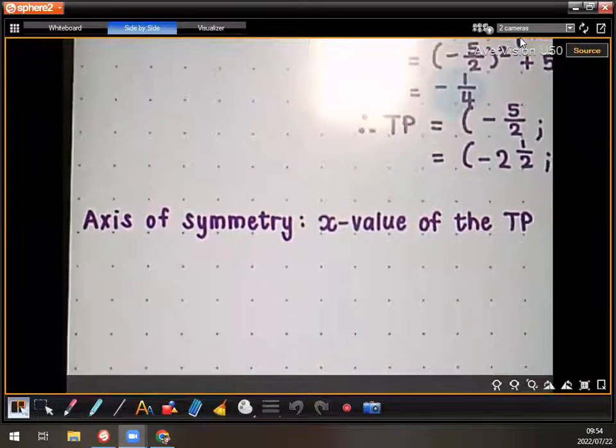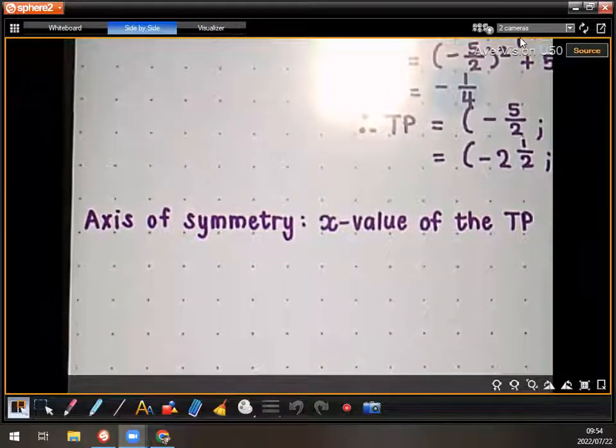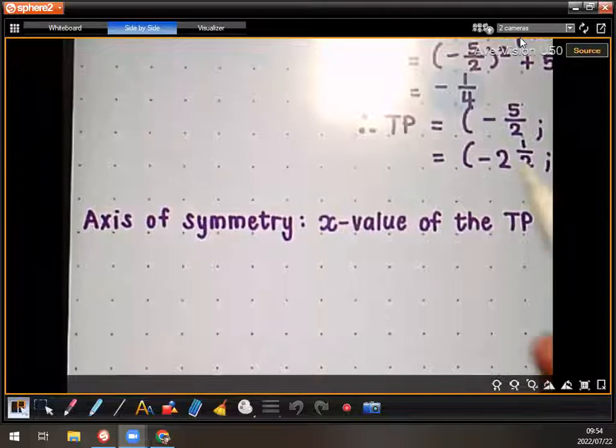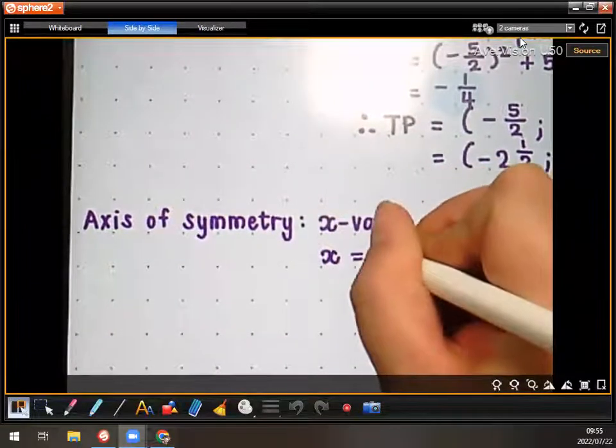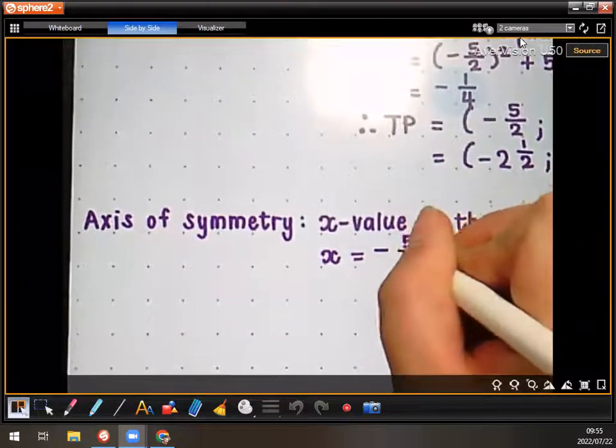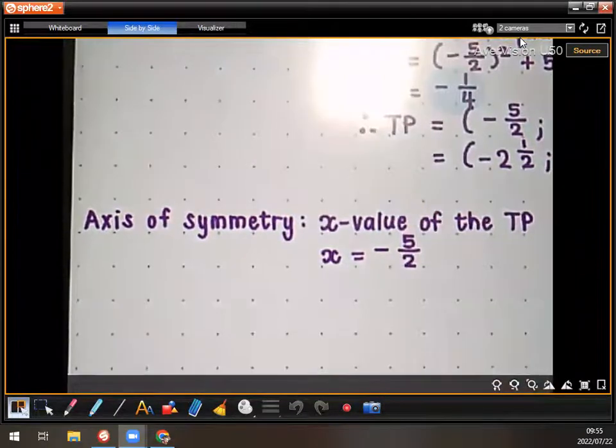The turning point is always in the middle of the graph, and the graph is symmetrical on either side of that turning point. So if they're asking me for the equation of the axis of symmetry, it's always the x value of the turning point. What was the x value of our turning point? Negative 5 over 2. So for this graph, the axis of symmetry is x equals negative 5 over 2.